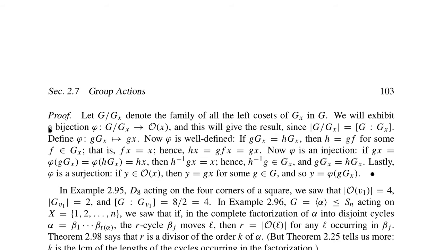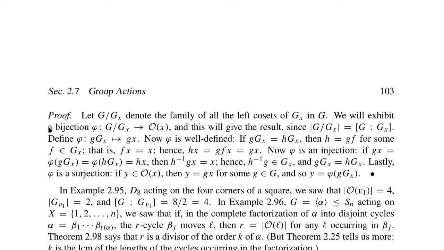Then you try to have this bijection phi going from G mod the stabilizer to the orbit. What it does is it takes each left coset from G mod the stabilizer and maps it to something in the orbit, something you can write as the product g times x.